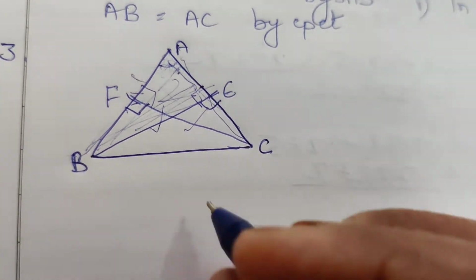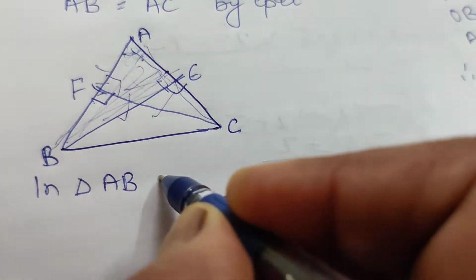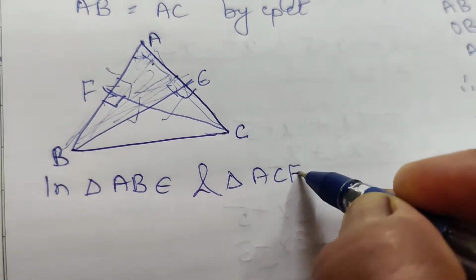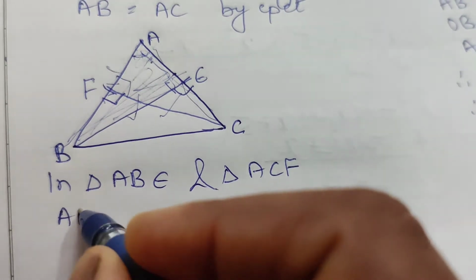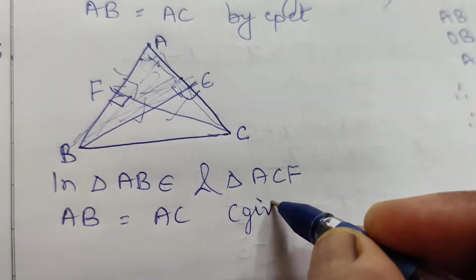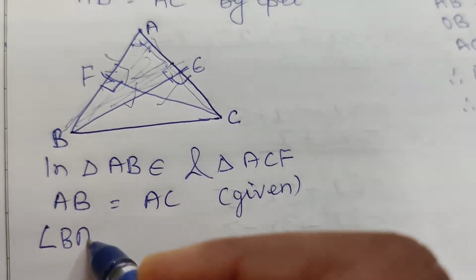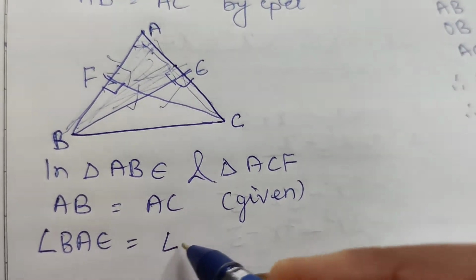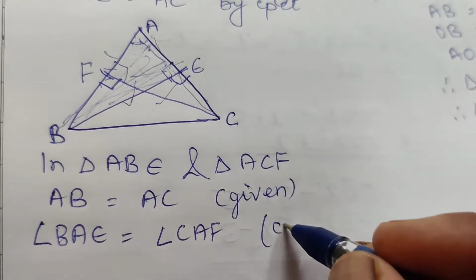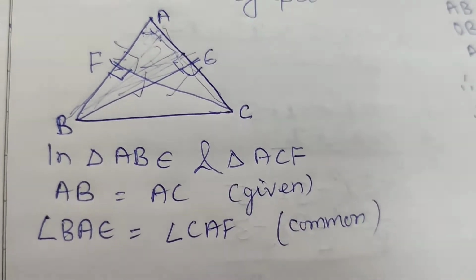In triangle ABE and triangle ACF, AB equals AC, given. Angle BAE equals angle CAF, common angle. This angle is equal in both triangles.